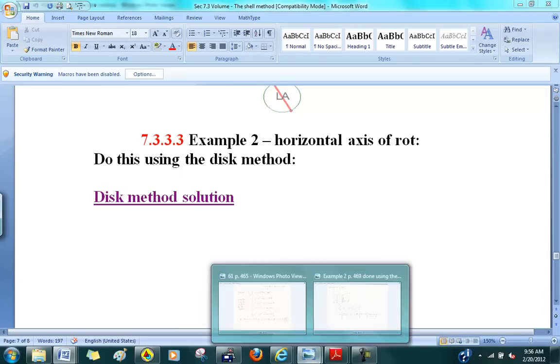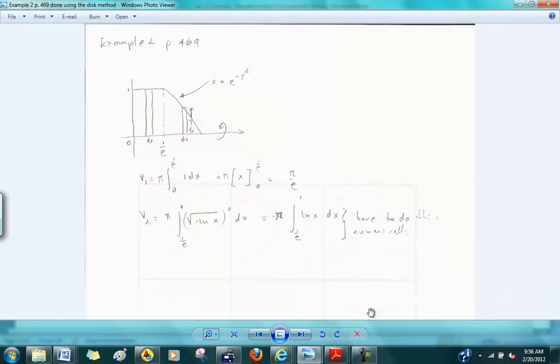So here is the solution for the problem that we just did. I'll let you copy this, get it down, and then I'll go over it.